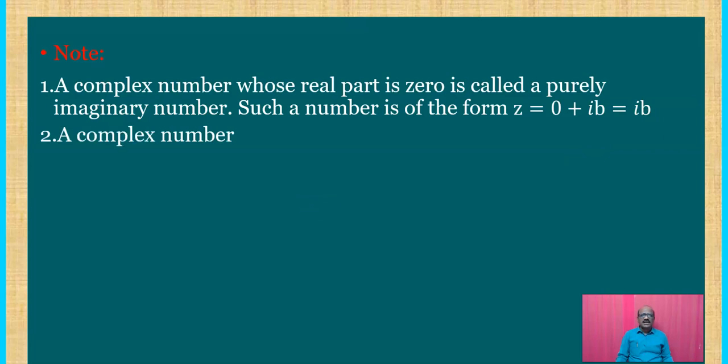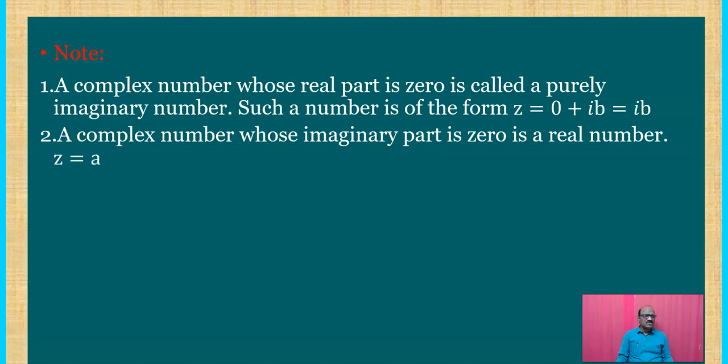Second, a complex number whose imaginary part is 0 is a real number. That is, z = a + 0i, which equals a, a real number.